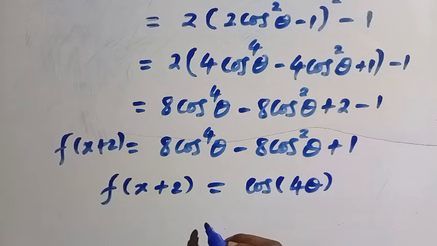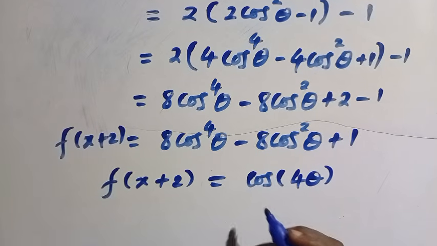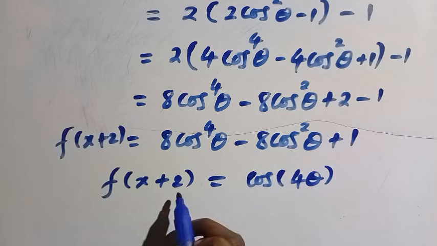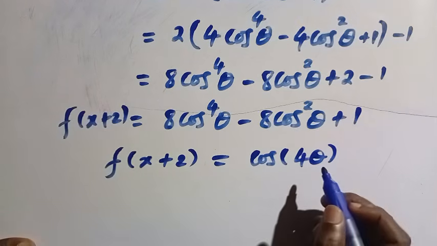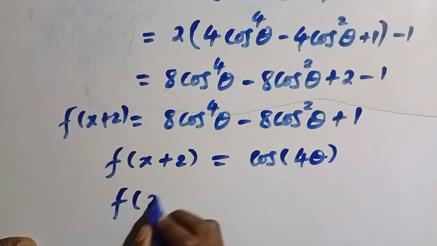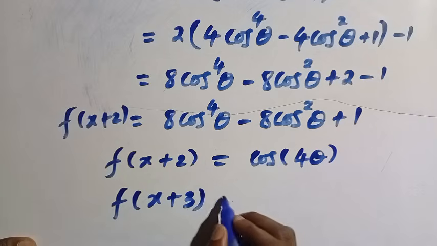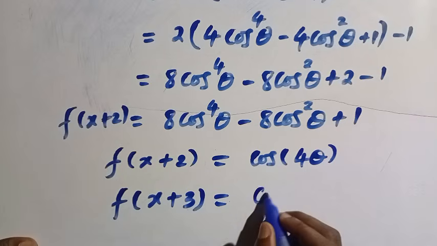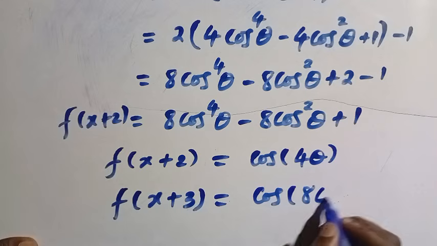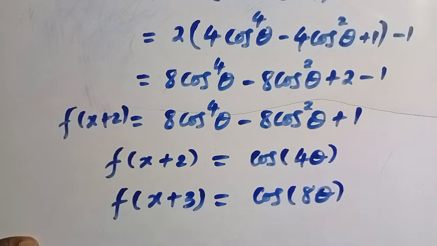If you check for the next one, the first one gives us cos 2θ, the second one, f(x+2), gives us cos 4θ. The next one, for x+3, gives us cos 8θ. If we keep going like that, the next one will be cos 16θ.